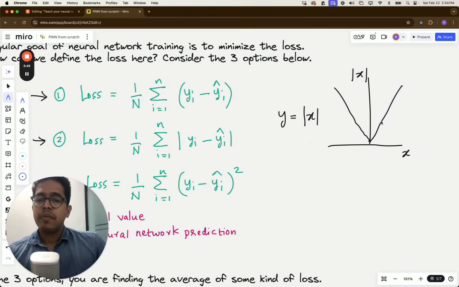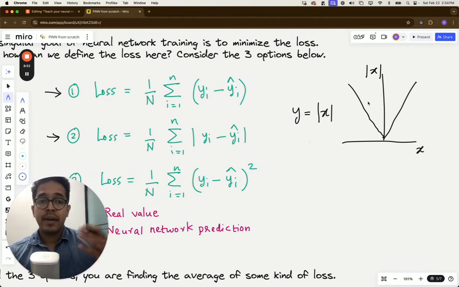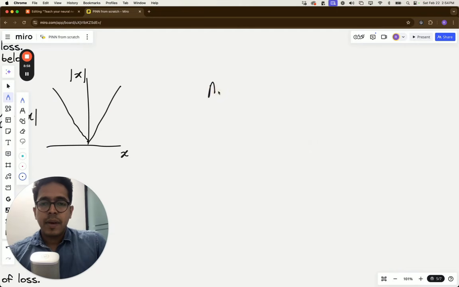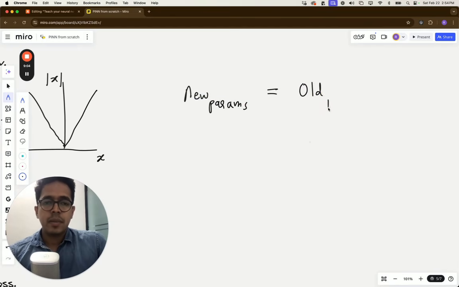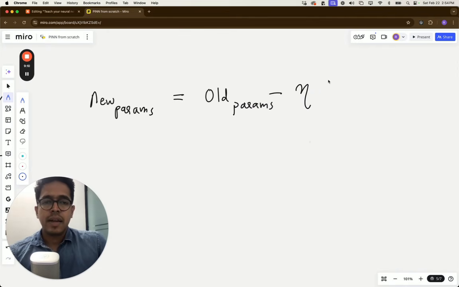And the problem with this is that when we ask the neural network to modify its parameters, called weights, we do it using something called gradient descent. So the new parameters of the neural network equal the old parameters, the previous parameters, minus eta, which is the learning rate, times dou by dou parameters.